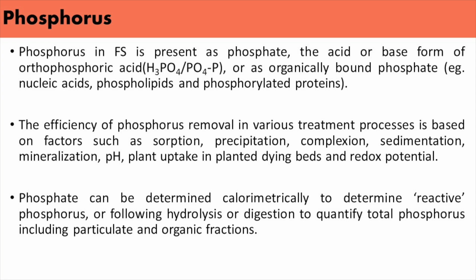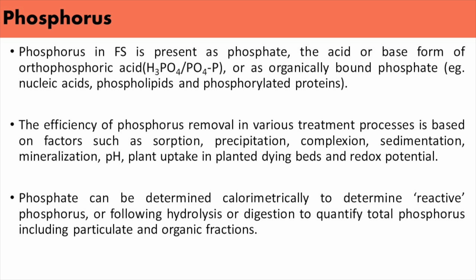Phosphorus is another component. The concentration of phosphorus is also an important parameter to consider, as total phosphorus concentration in fecal sludge is quite high. For example, it is 2 to 250 times the concentration in domestic wastewater. Phosphorus in fecal sludge is present as phosphate.